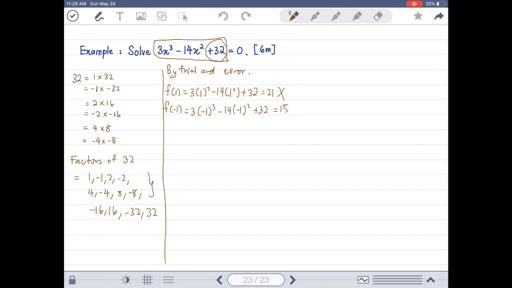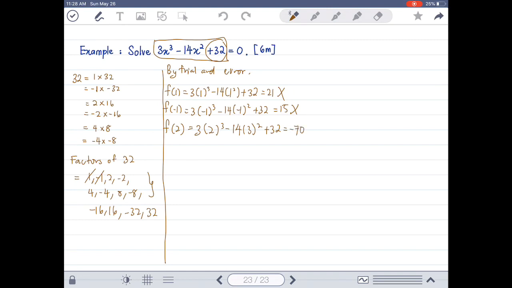You'll get 15, so this is not the answer. How about if we try f(2)? This is not f(2). So equals to 3 times 2 cubed minus 14 times 3 squared plus 32 equals to negative 70.